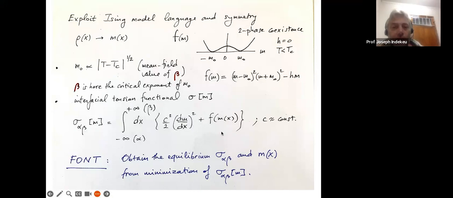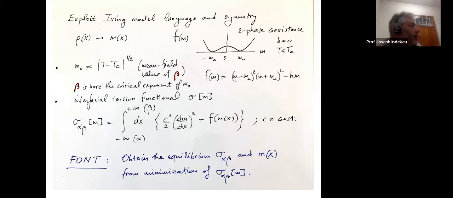Strictly speaking, what I have not mentioned here, and perhaps is worth mentioning now, is that I've chosen f to be 0 in the minima, so that in this second term I can omit a constant, which would correspond to f in the minima.